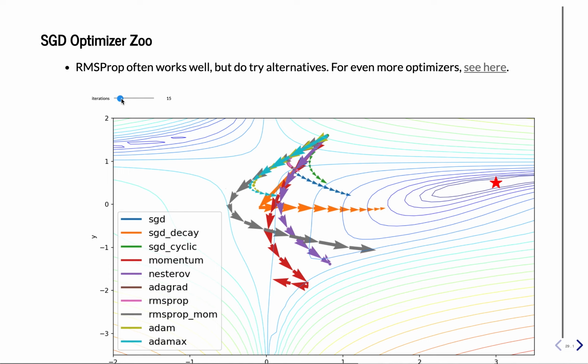If we leave it for more iterations, we will see that gradually, especially rmsprop with momentum is going directly to the target, followed by SGD decay. Then momentum is also gaining, as you can see.